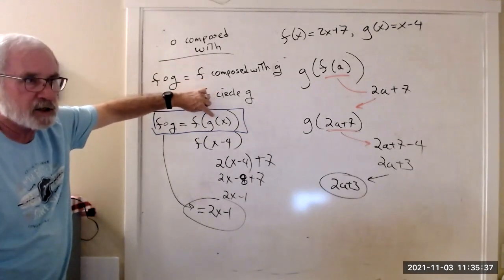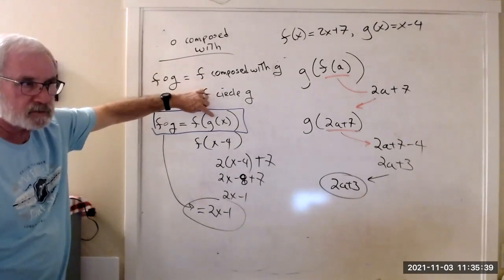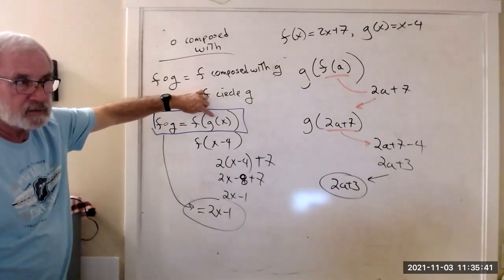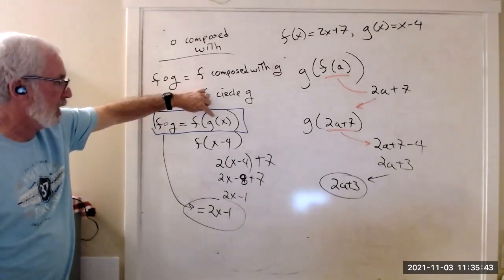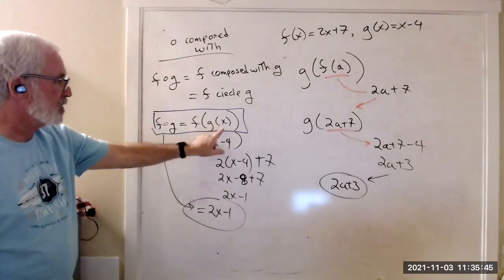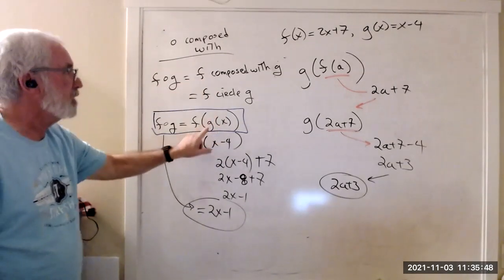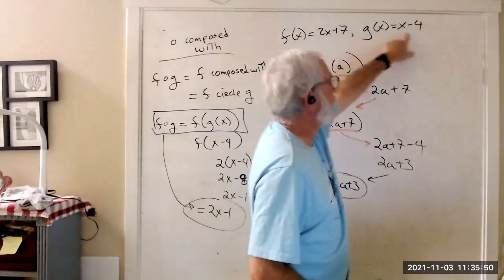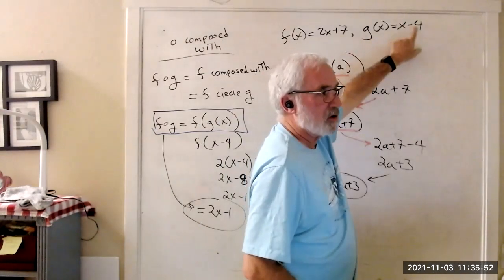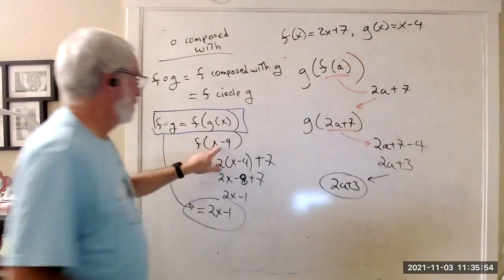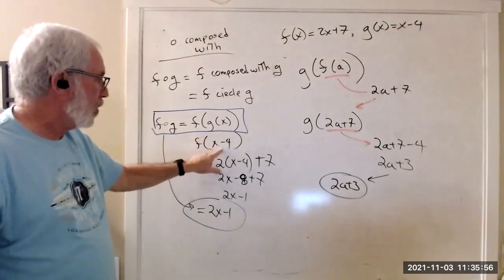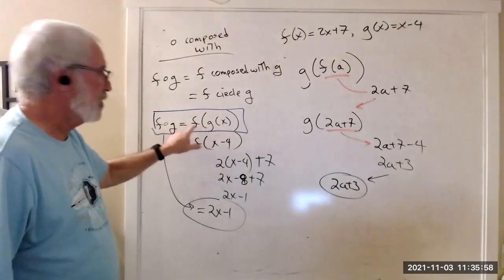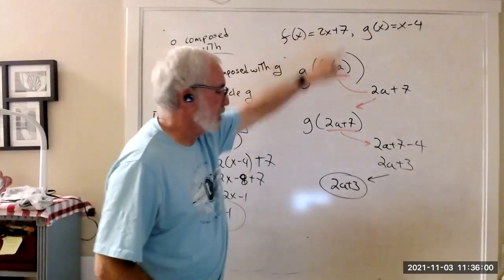They just didn't want to write the parentheses and the X. But you start on the inside, take X and put it into G. Well, that's exactly what that says. Take that answer and put that whole answer, the whole thing, into the F function, whatever it says to do.